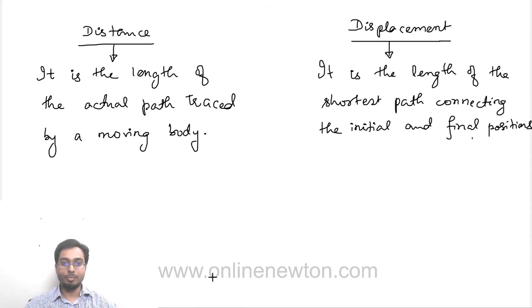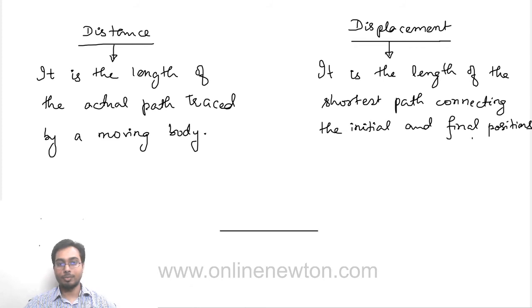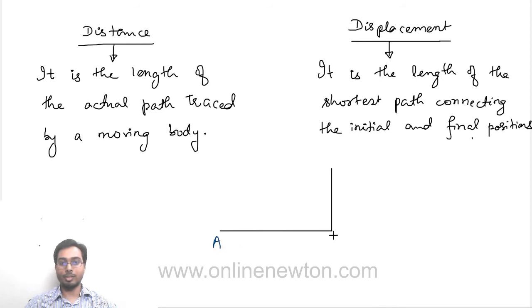Like for example, a body is going something like this, let's say from here to here, and then it is taking a 90-degree turn and it's going over there. So let's say this starting point is A, it goes to C finally via point B. So it goes like this. In this process you can see A is the initial position, and C is the final position.